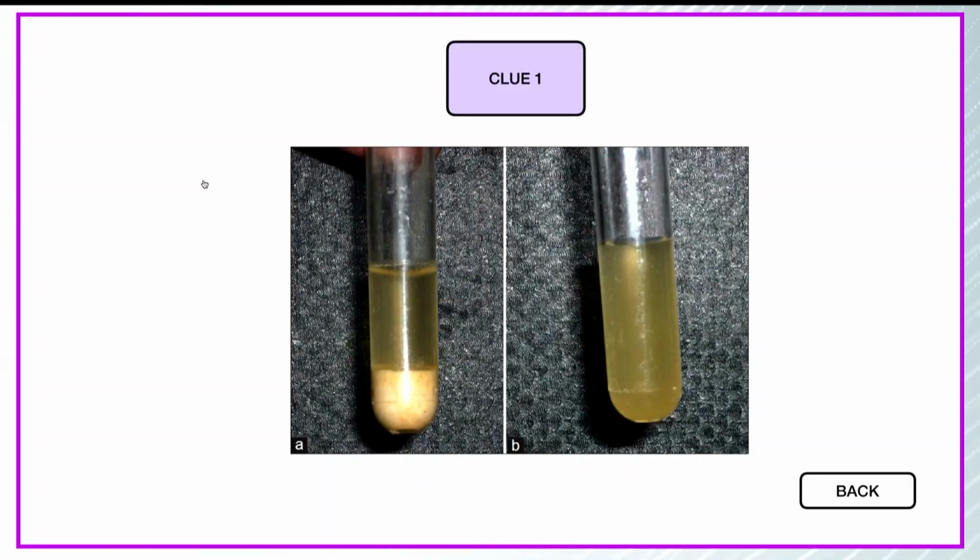Clue 1. You can choose the next clue also. Clue 3.